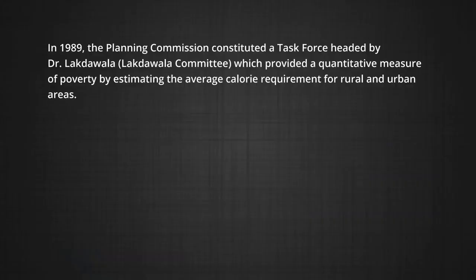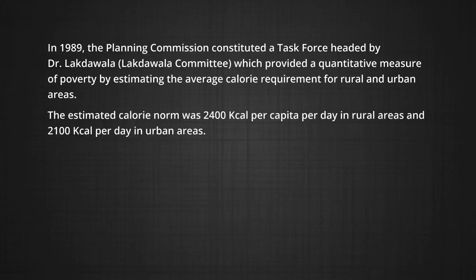Let us see, the Planning Commission constituted a task force headed by Dr. Lakdawala, that was Lakdawala Committee, which provided a quantitative measure of poverty by estimating the average calorie requirement for rural and urban areas. The estimated calorie norm was 2400 kcal per capita per day in rural area and 2100 kcal per day in urban areas.